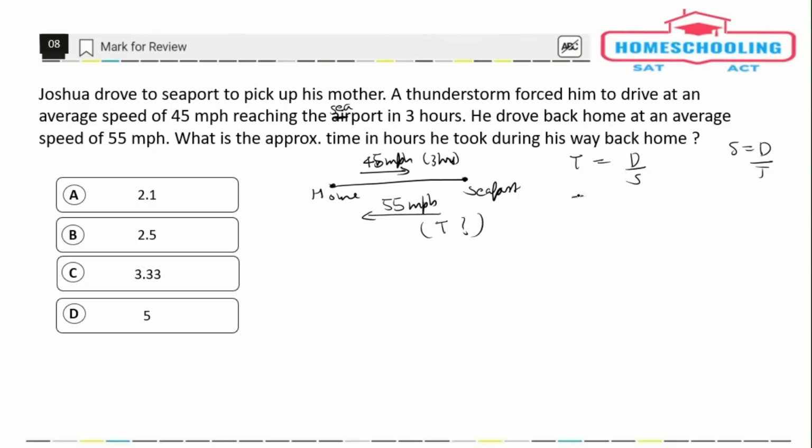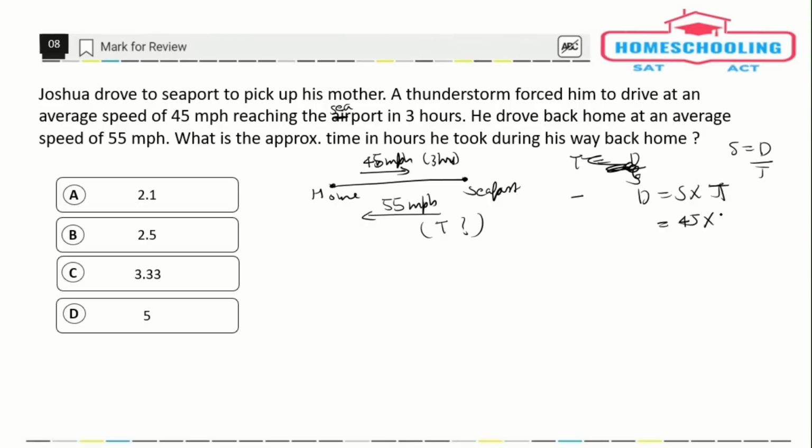Now distance can be written as speed into time. So going from home to the seaport, speed is already given, that is 45, and time it took was 3.